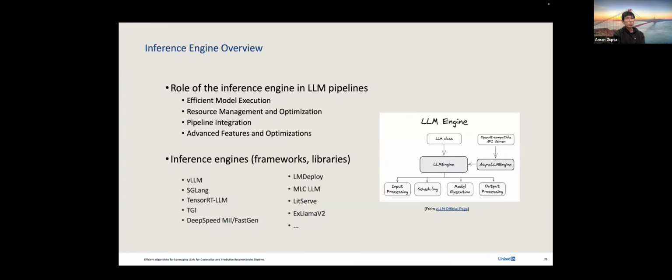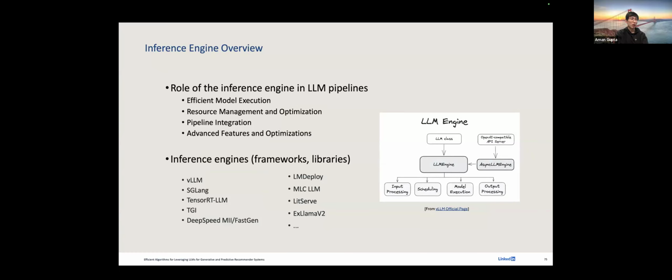Inference engines are responsible for orchestrating the entire flow from user input to model output efficiently. They ensure efficient model execution by optimizing token generation, managing KV cache reuse, reducing redundant computations, and streamlining GPU utilization.